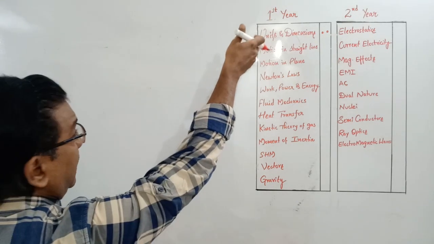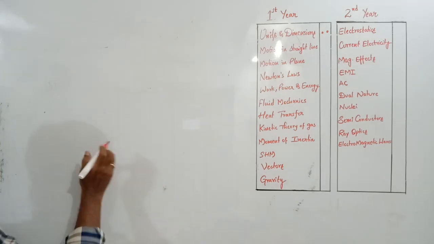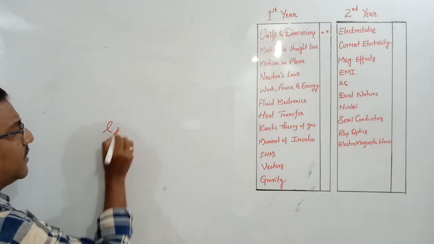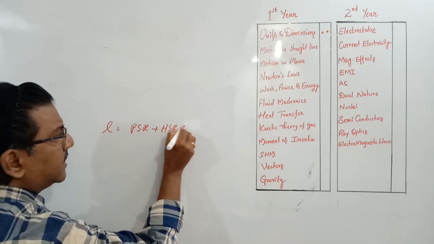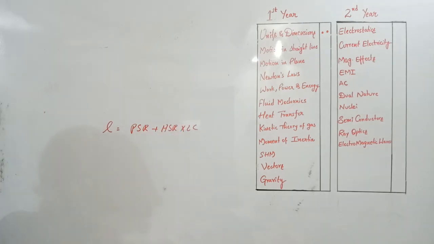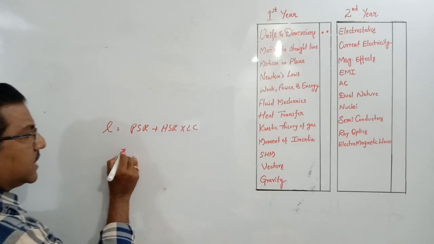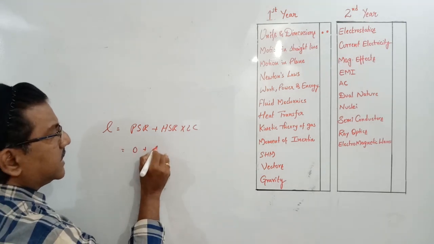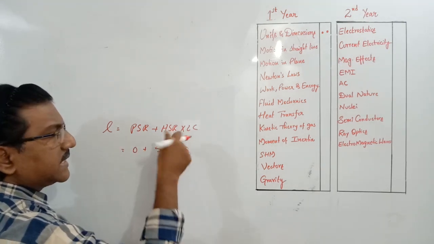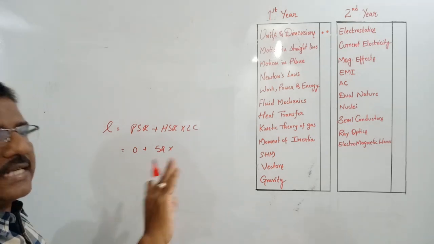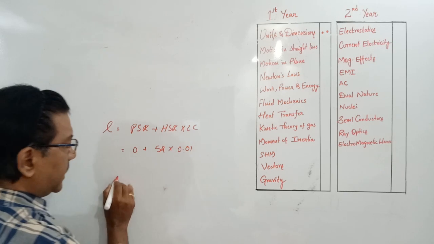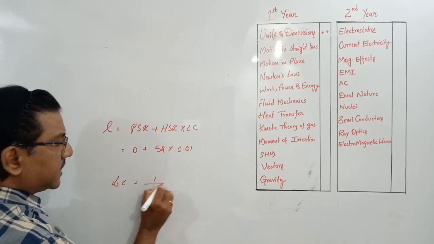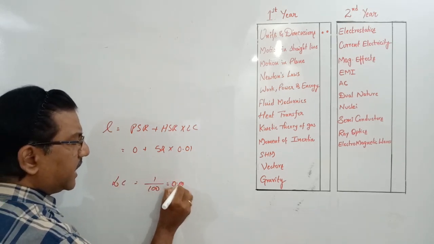Here I put it in units and dimensions. A direct question: length or diameter, whatever it may be. PSR plus HSR into least count. PSR is equal to 0, HSR is equal to 52, the head scale or circular scale reading. Least count is 0.01, least count is nothing but 1 by 100, a direct formula is given.